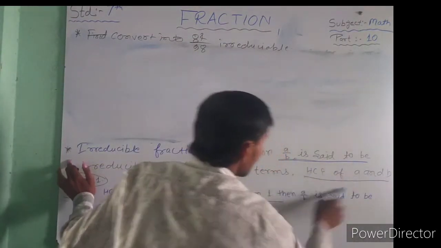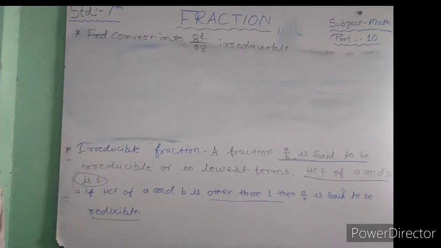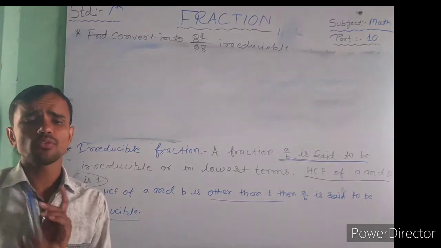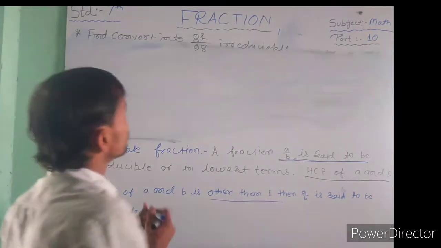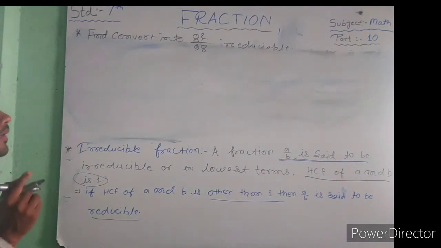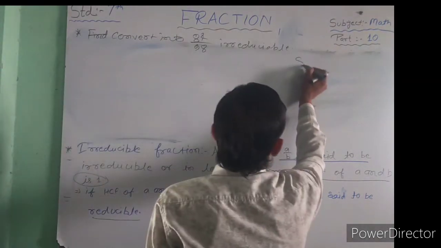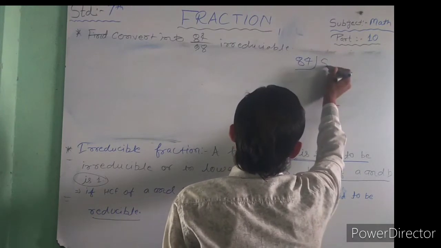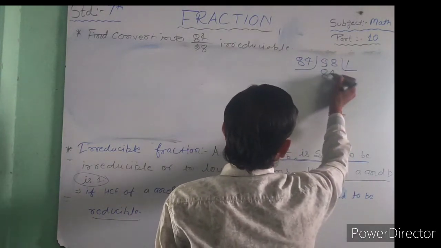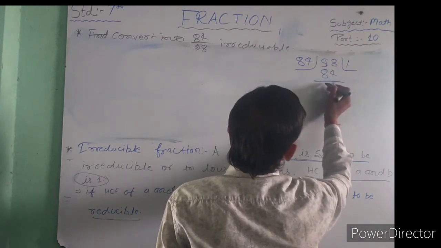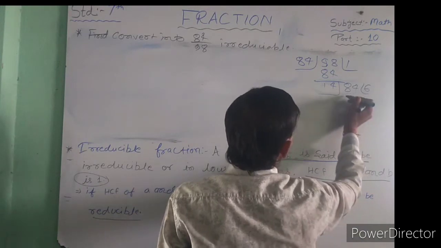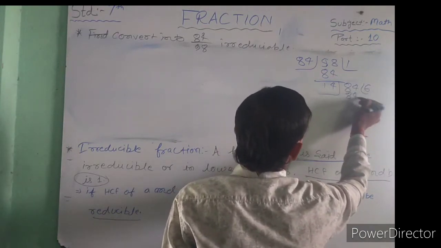Firstly, you find the HCF. So what is the HCF of 84 and 98? Firstly, you find the HCF of 84 and 98. Okay. So 14 6s are 84.